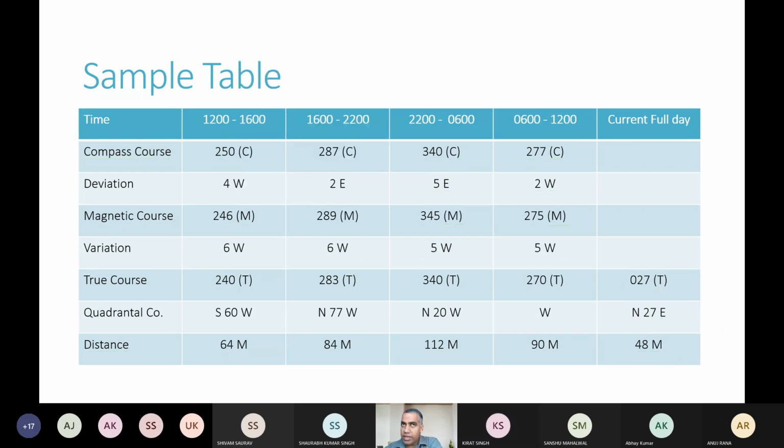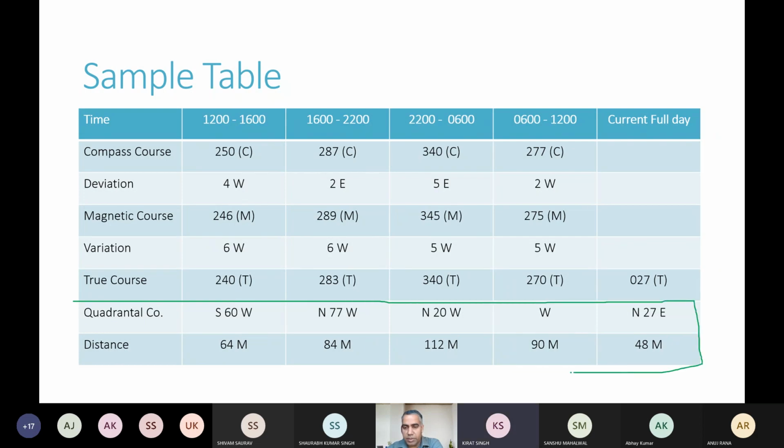Okay. और कोई डाउट आ रहा है बेटा इस टेबल को बनाने में, किसी भी पॉइंट पे? Any doubt? Very good beta. So once you have this table, अब इस टेबल की जो नीचे वाली दो वैल्यूज हैं बेटा, ये दो वैल्यूज जो मैंने अभी ग्रीन कलर में बॉक्स बना दिया है, that is the quadrantal course and the distance. इन दोनों को अब हमने आगे यूज करना है। So we will be using these values to find out further answers. तो इन दोनों को हमने अपनी नोटबुक में नोट कर लेना है, टेबल हमारी नोटबुक पे बन जाएगा। So these two values will be picked up now.